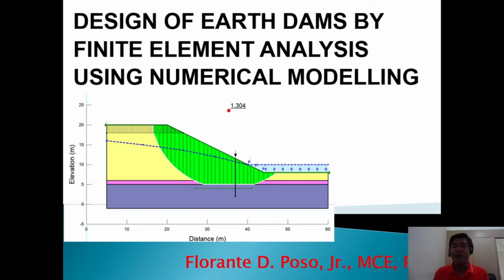So the failure of which is most likely in its materials because it is an earth dam. It is made of earth material, so the slope is the most critical.